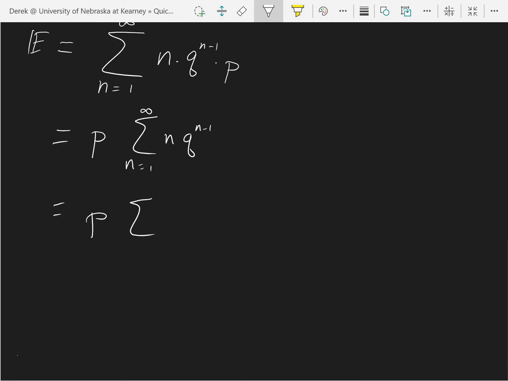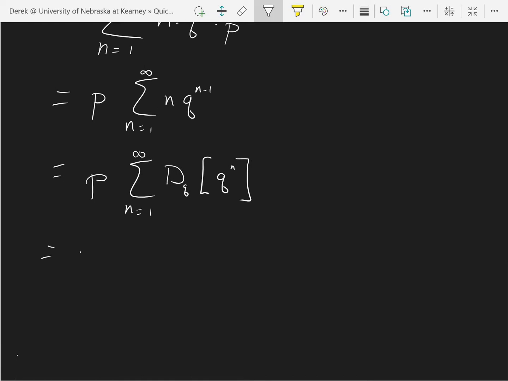This is the sum from n equals 1 to infinity of the derivative with respect to Q of Q to the n. And so I get P times the derivative with respect to Q of the sum of Q to the n from 1 to infinity.